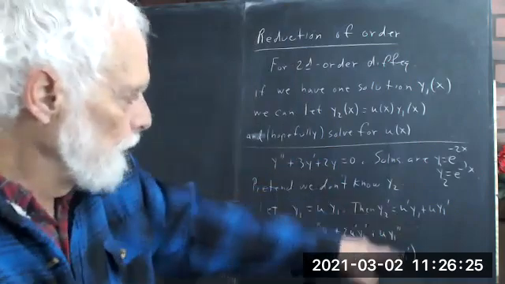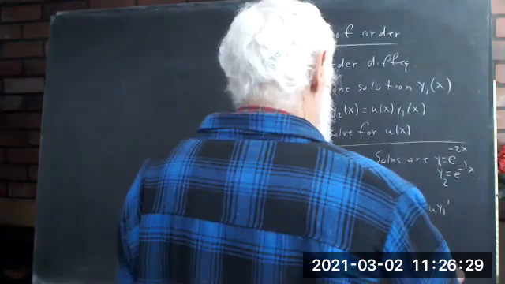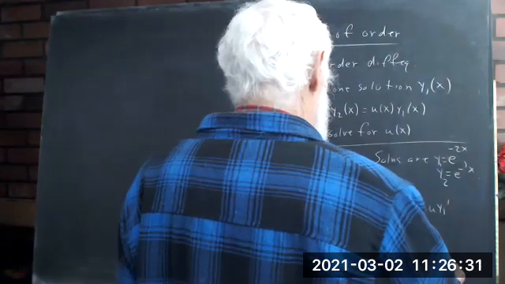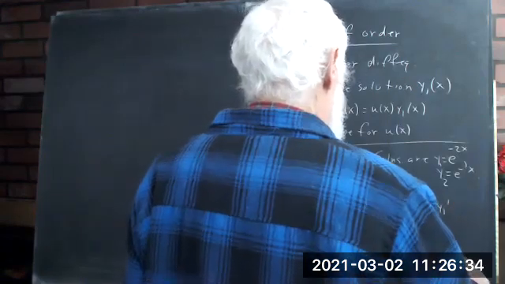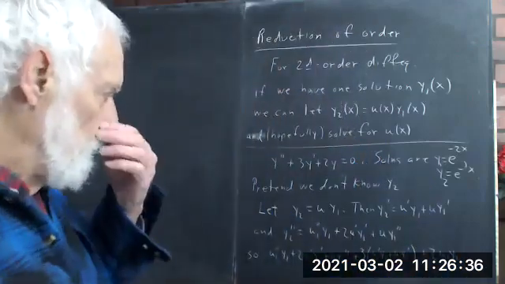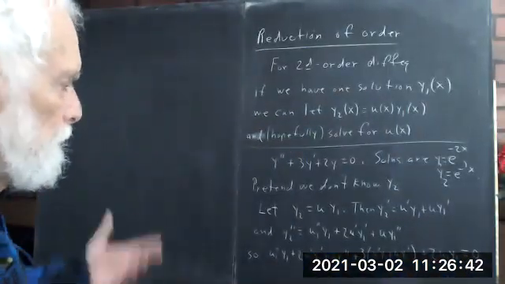And then 3 times the expression for y prime. And then plus 2u y1. And that equals 0.